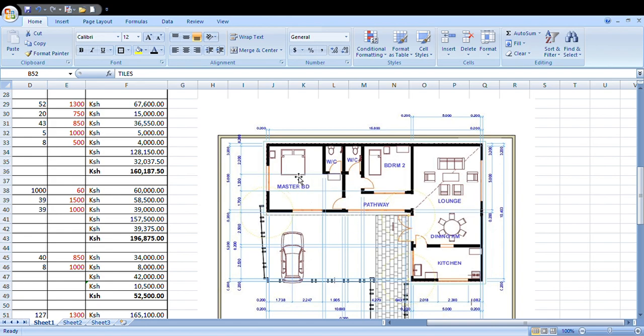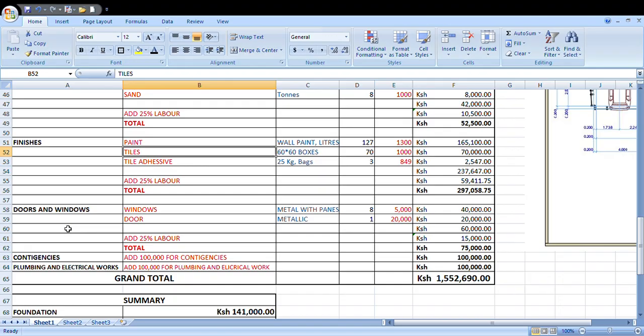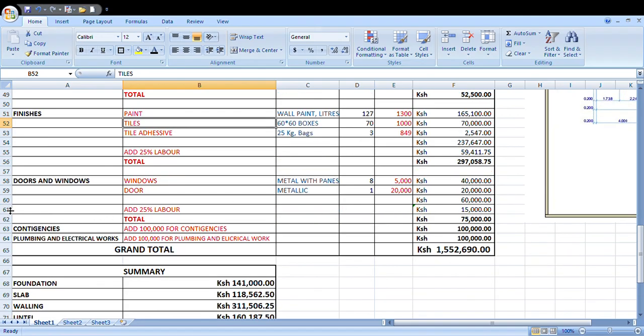So I came up with 8 windows and 1 door. For my case, I'll use metal with pens, which is very good quality, at 5,000 shillings, and then 20,000 Kenyan shillings for the metallic door.